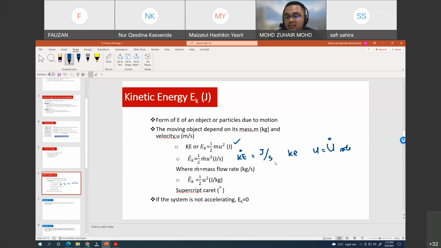Just because when you do the calculation, you need to make sure that all the units are synchronized so that you can get the final answer, and you can know whether the answer is right or wrong. And also we have the, sorry, terbalik pula. Sorry. Betul lah. Okay. And then we have caret, something like this.